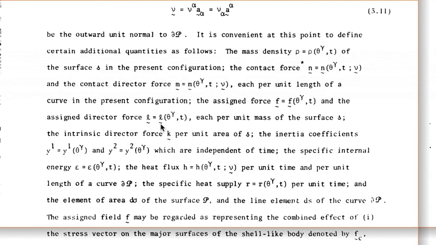So this is probably that which in the J.C. formulation is denoted by L. So this is represented over here as K, and they are calling it the intrinsic director force.